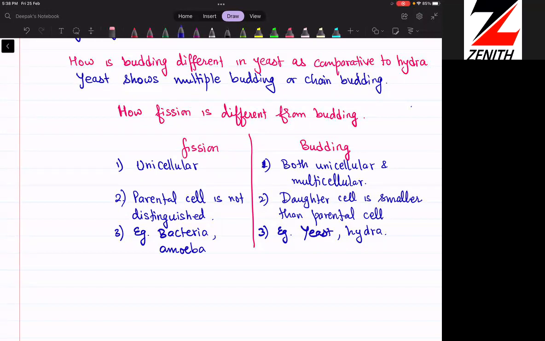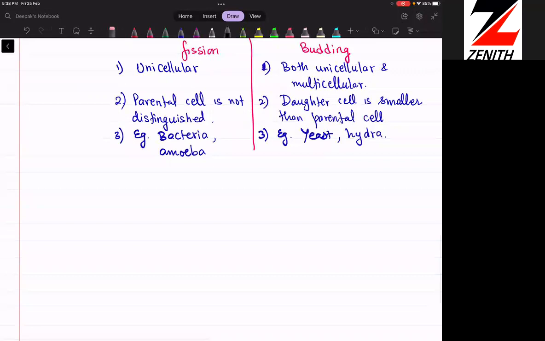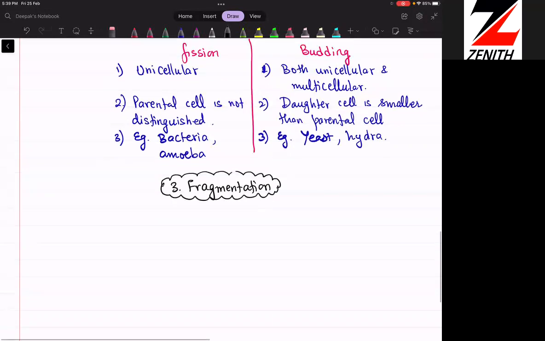Right, let's take the third one, fragmentation. Someone said fragmentation. Now please copy the differences, then we'll take fragmentation.